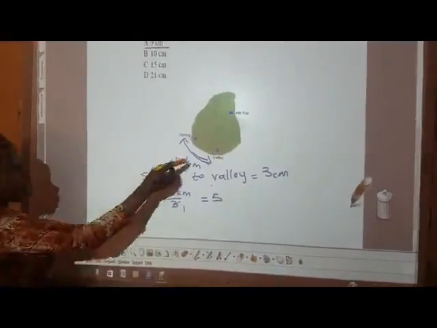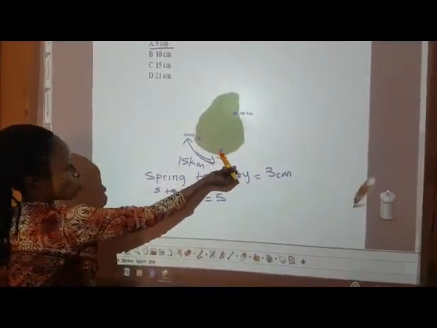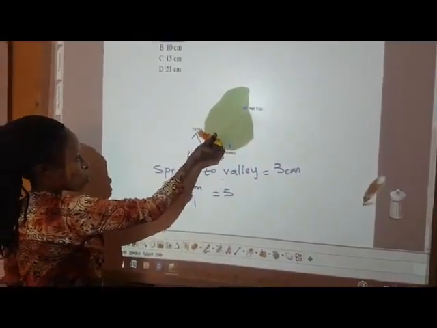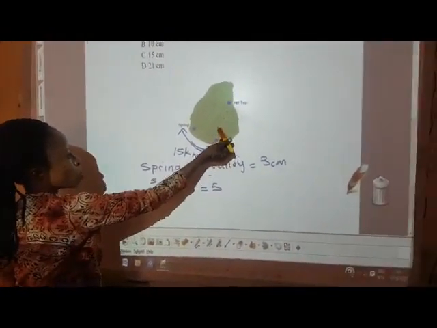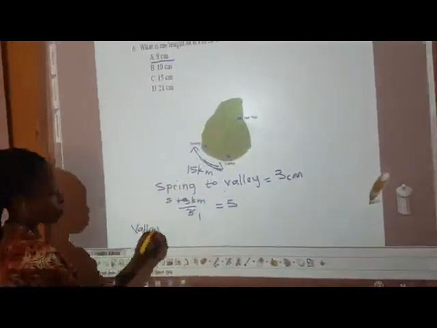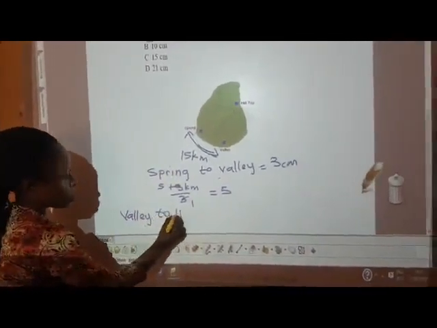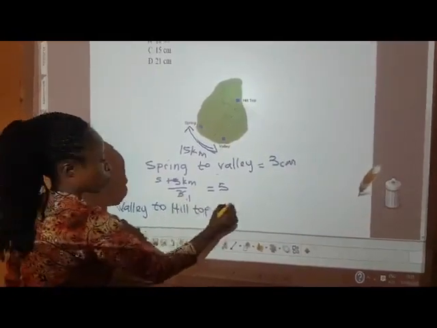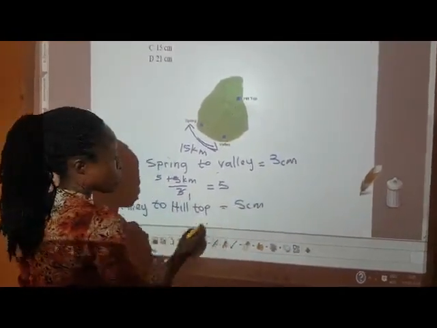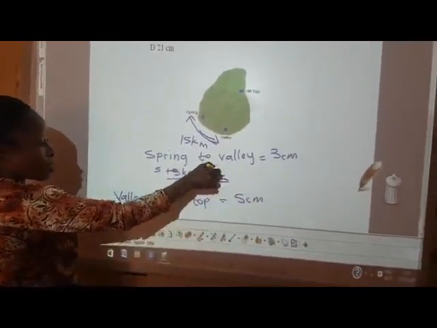Now, from valley to hilltop, you don't count here because you counted it when counting from spring to valley. You start from the next mark. 1, 2, 3, 4, 5. So valley to hilltop is 5 centimeters. Then you multiply these 5 centimeters by 5.